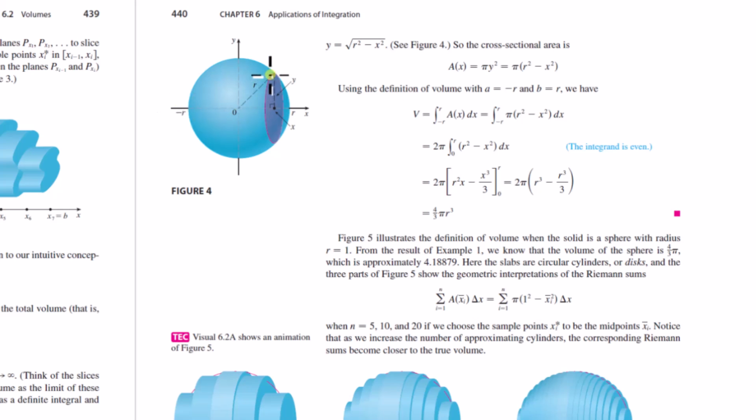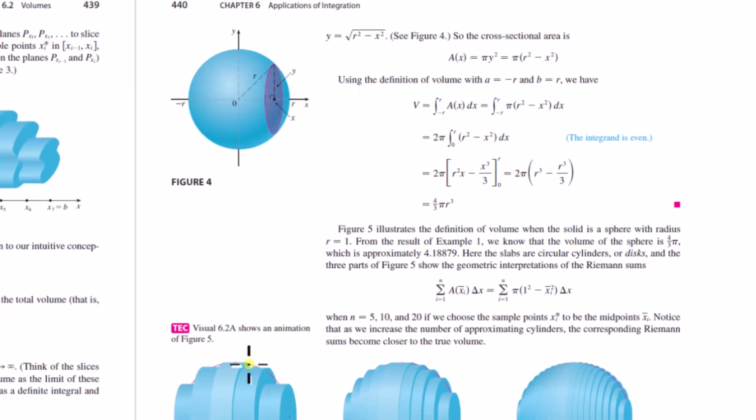So you multiply A as a function of x times delta x, and there's your differential right cylinder volume. We have a formula for each of these differential right cylinder volumes for any point within the sphere. That's the definition we just developed for volume. So now just integrate that from minus r to r. They do the integration, and they get 4/3 pi r cubed.